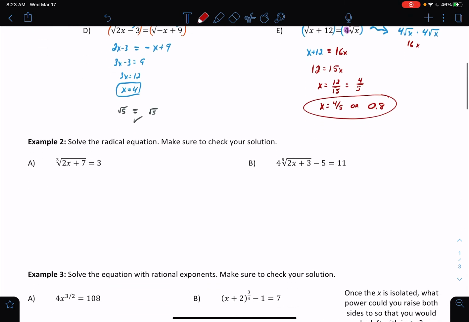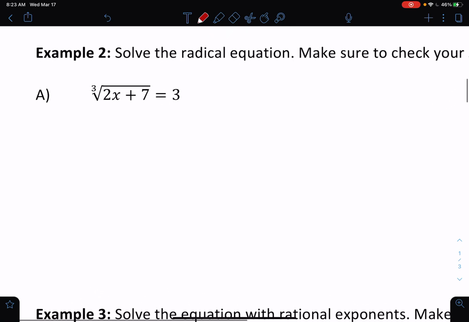What about other radicals? Like if we have different roots here. Like what about example 2a? This is the cubed root of 2x plus 7 equals 3. What power do we need to raise both sides to?